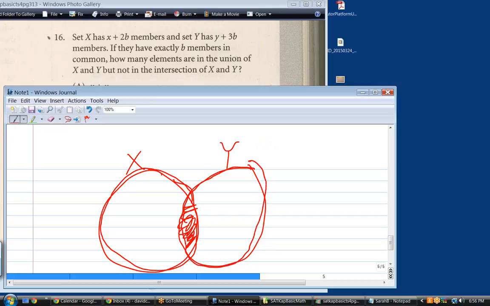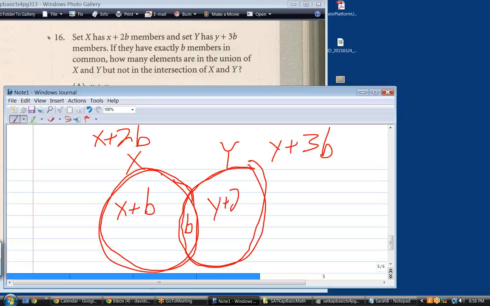So if y plus 3b is the whole right circle, and x plus 2b is the whole left circle, and they tell you that there are b members in common, so I know this is b, well, that means the rest of it must be x plus 1b, and this must be y plus 2b. Did you get that part about it? Yeah.